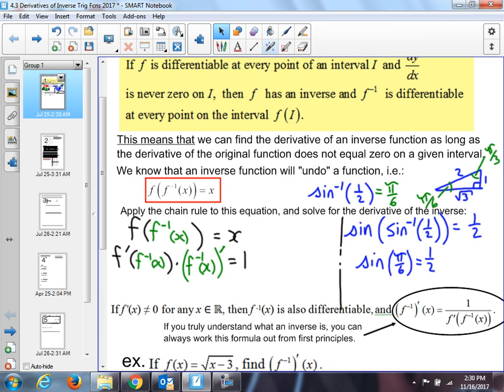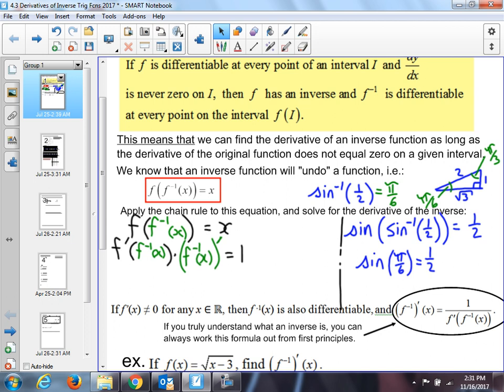If you isolate for the derivative of the inverse, it's really 1 over the rest of the expression. I'm going to see if I can fit that in here with my messy writing. I'm just scooching this up a little bit. There we go. Now I've got space.